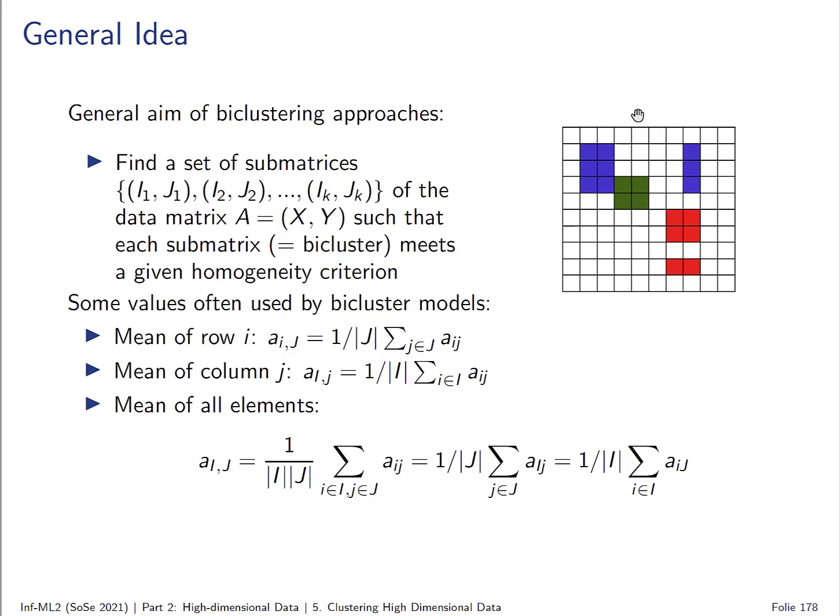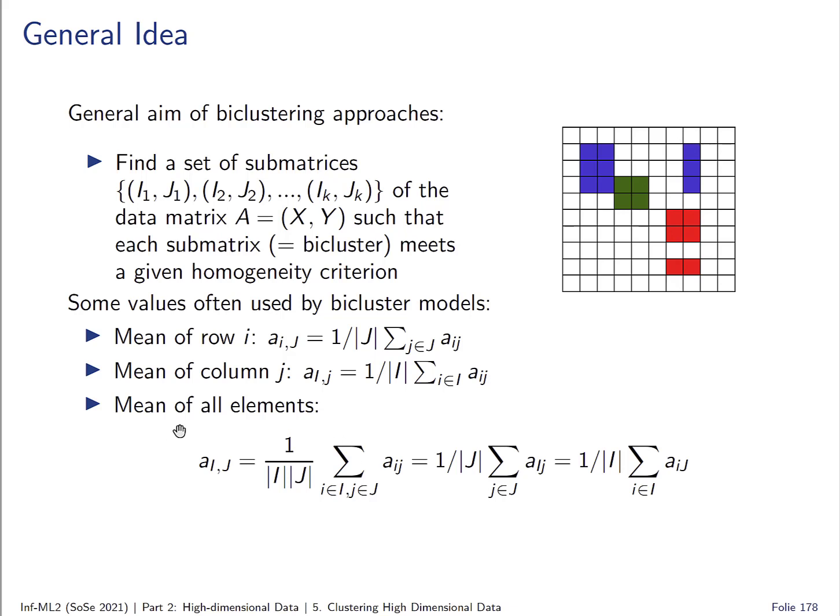That would be, for example, the mean of this column here for these 3 rows, which would be the mean of these 3 blue things here. So we sum up this plus this plus this divided by 3. So the set of rows I would be those 3 here, and the J would be this column.